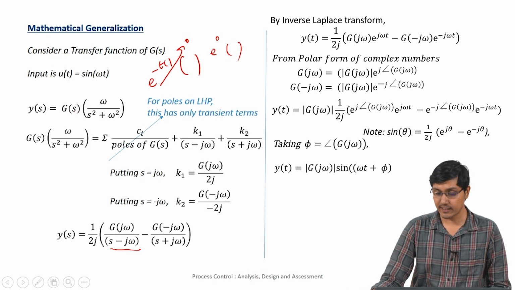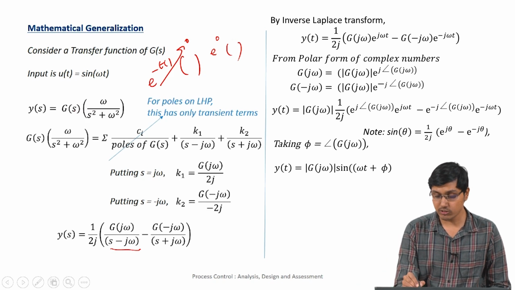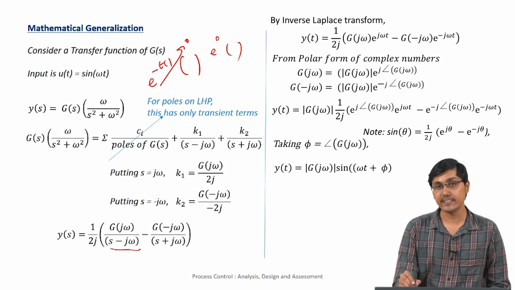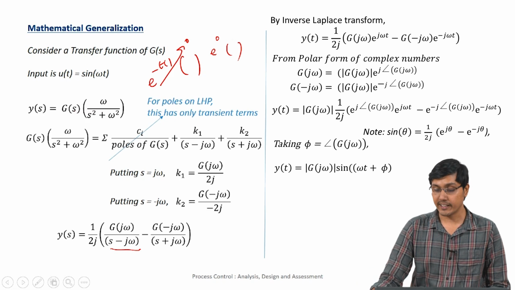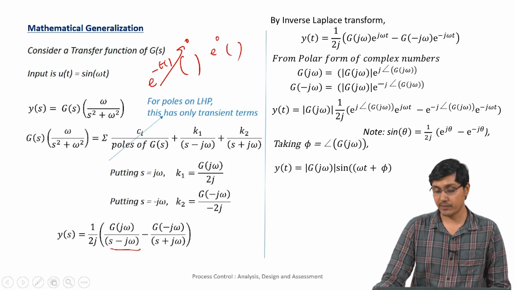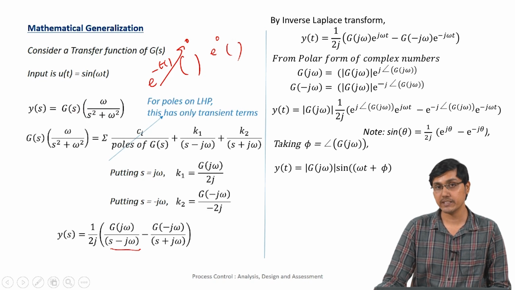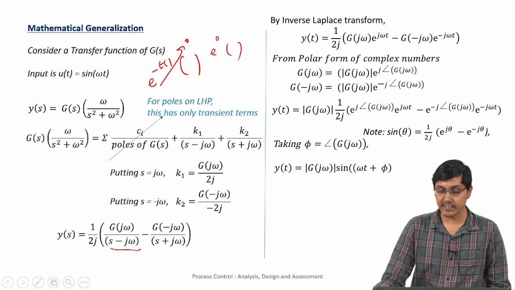Substituting all these into the equation, we get y(t). We then use the formula sin theta equals 1 by 2j times (e power j theta minus e power minus j theta), and take the angle of G(j omega) as phi. We get this equation.